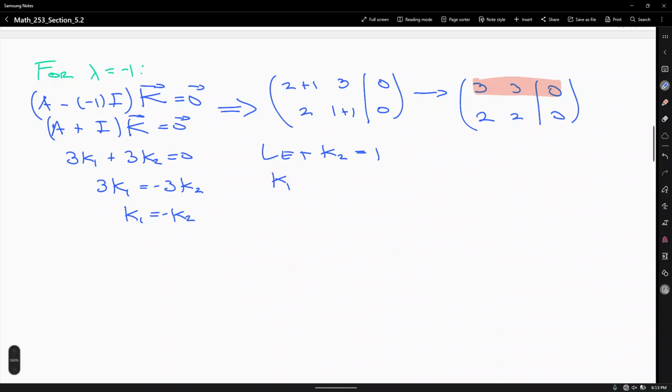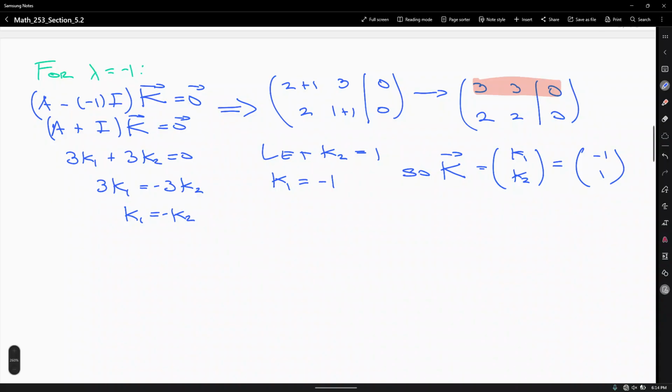So K1 equals -1. So our eigenvector for lambda equals -1 will have components K1 and K2, that is, negative 1, 1. And we're essentially done with the solution to the problem.